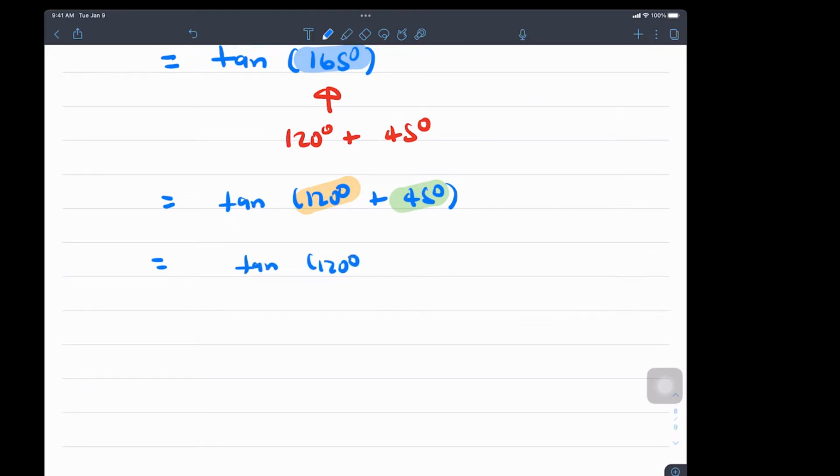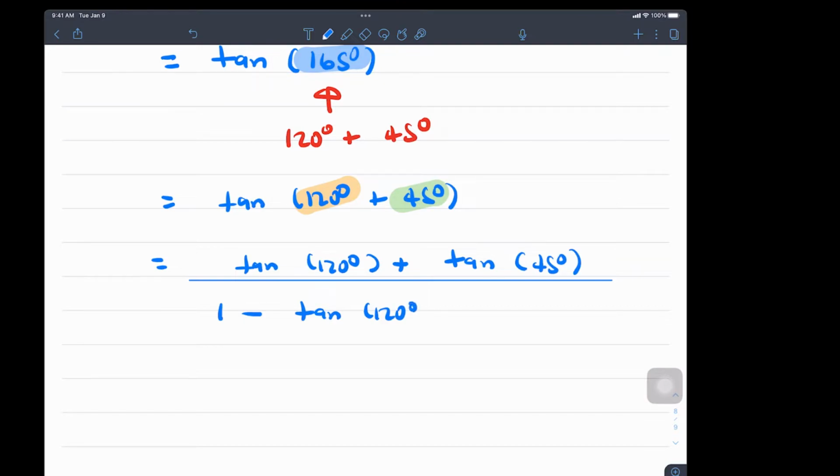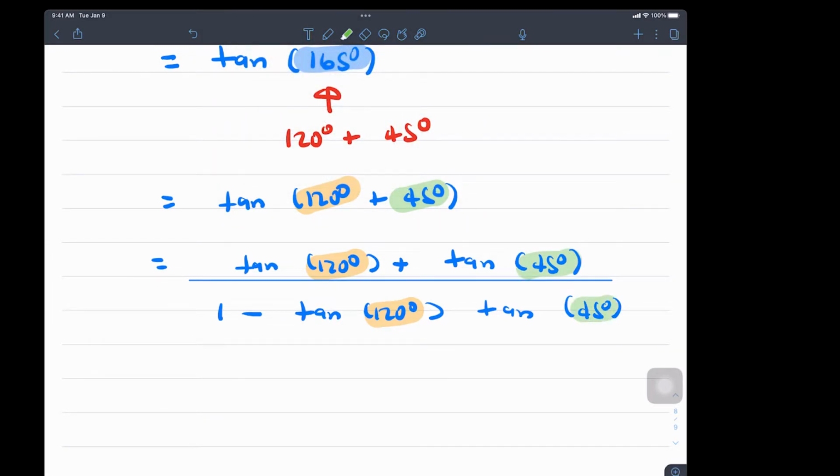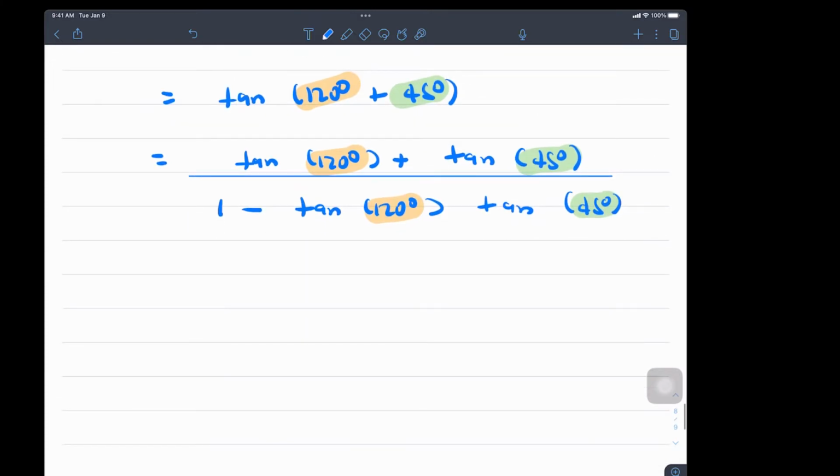So take tangent 120 plus tangent of 45 over 1 minus tangent 120 tangent 45. Okay. Now, tangent 45 is simple. Do you guys remember that one? That's 1.